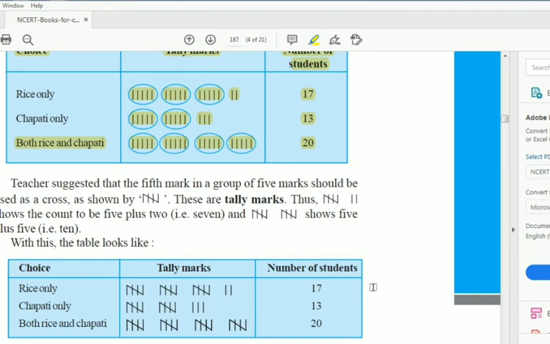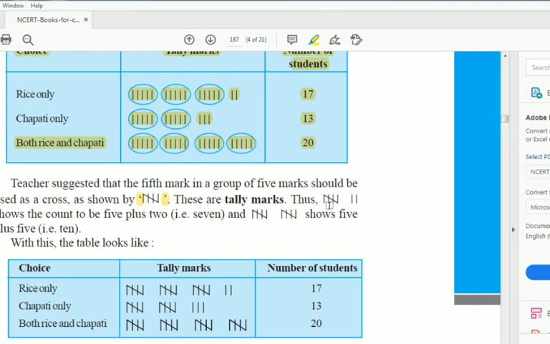The teacher suggests that the 5th mark in a group of 5 marks should be shown as a cross. Look carefully how we have to show this. You can see this 1, 2, 3, 4. That means you have to put 4 vertical lines, and the 5th one should be slanting. So these are tally marks.